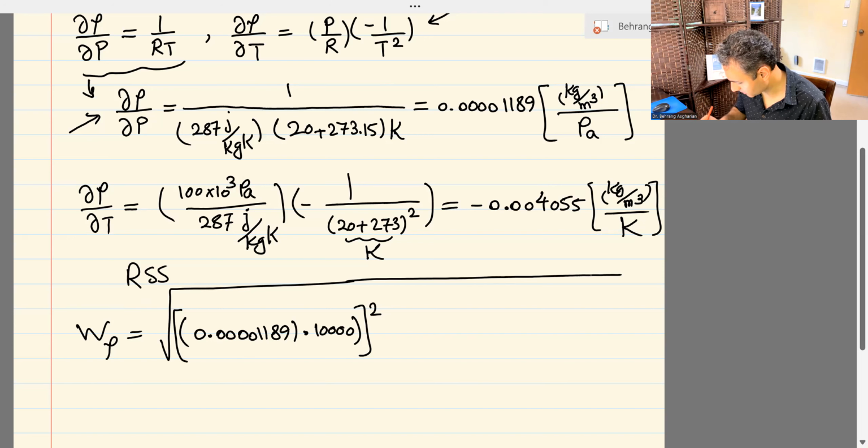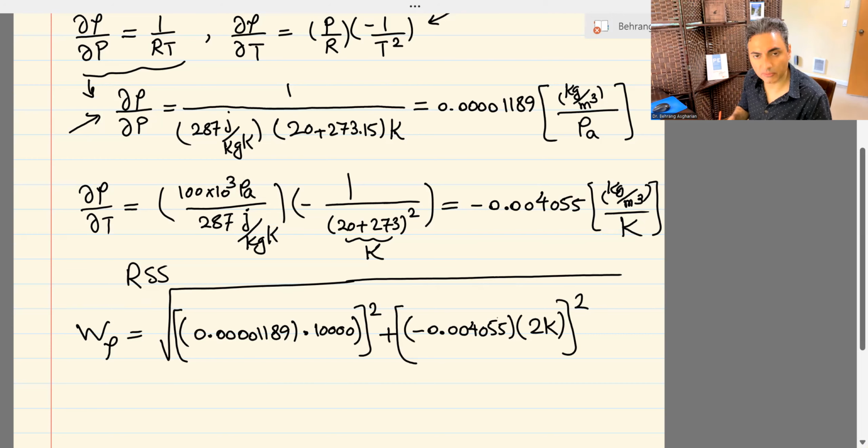I'm going to add the units also, plus the partial derivative with respect to temperature, negative 0.00455, times the uncertainty of temperature, 2 Kelvin, this whole thing squared. That would be the uncertainty of density.